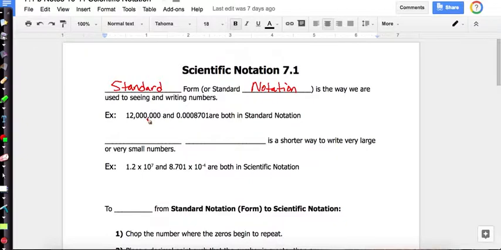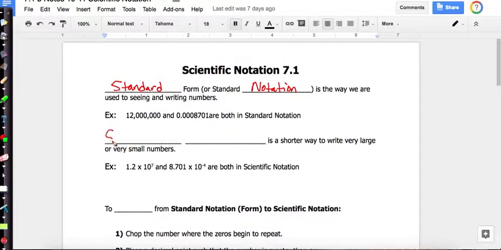So for example, we have 12 million here, and we have 0.0008701, both in standard notation. And I know I didn't read this using place value, but the number was very large.